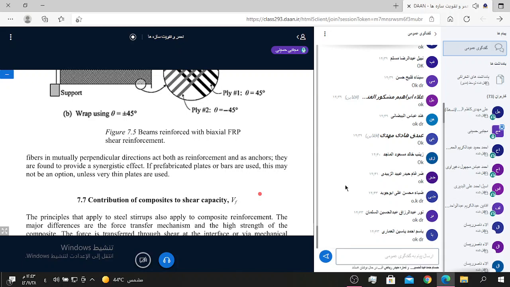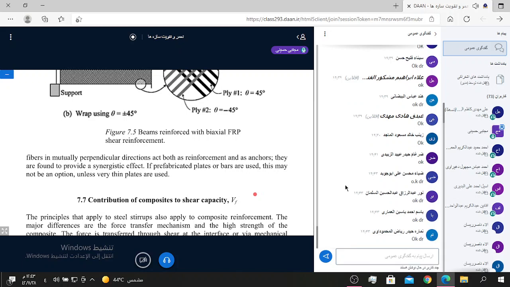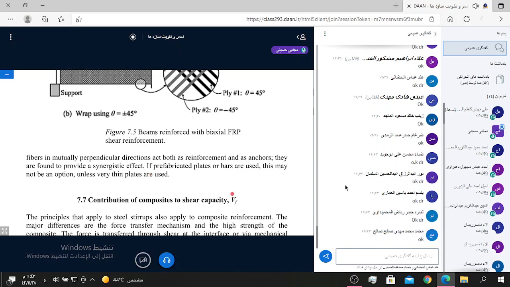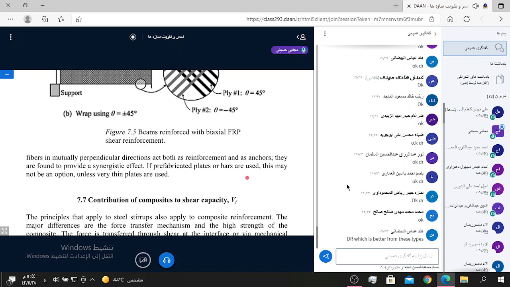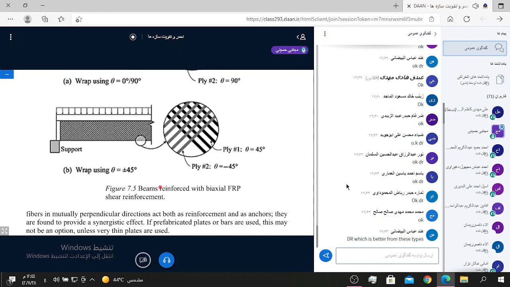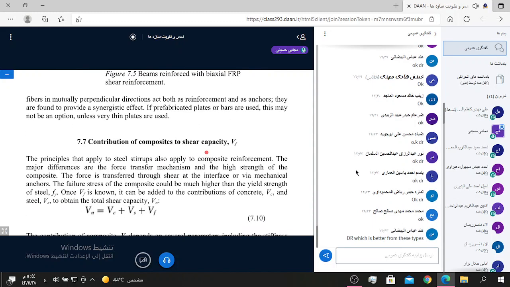And there are anchors, okay, and this may not be an option unless very thin plates are used in here, okay.